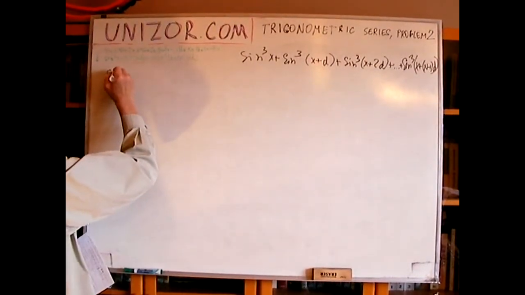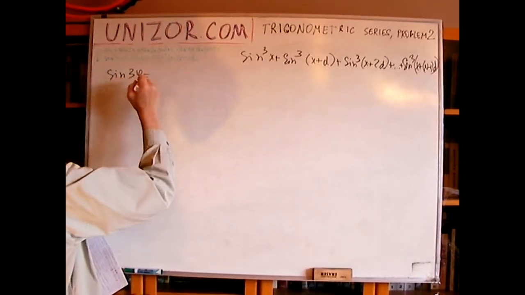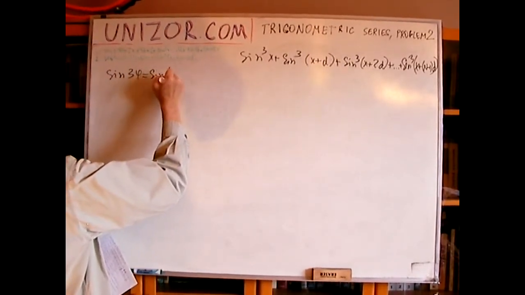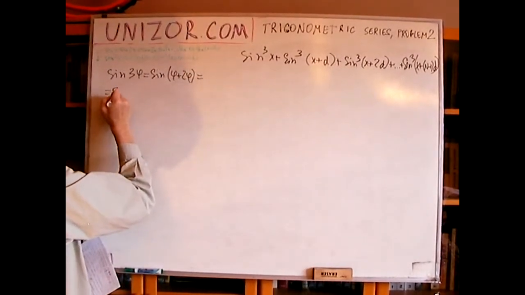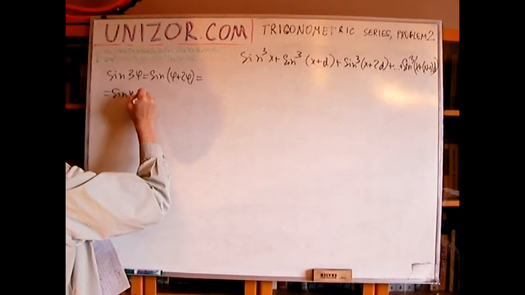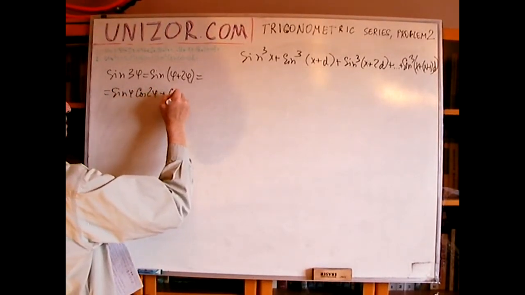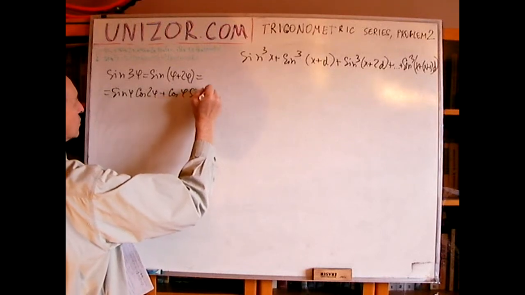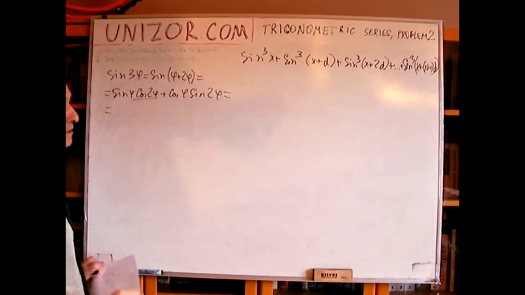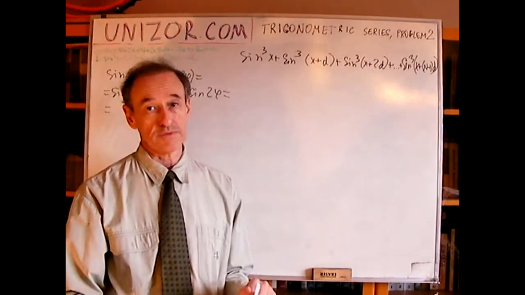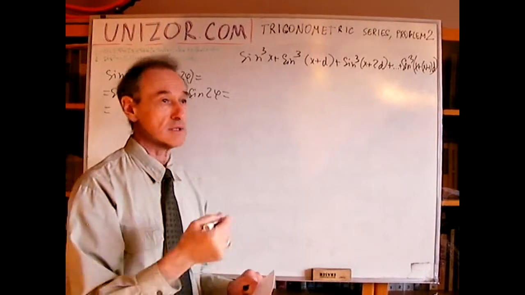So sine of 3 phi equals, well, that's obviously sine of phi plus 2 phi equals sine phi cosine 2 phi plus cosine phi sine 2 phi equals. Now cosine 2 phi, or cosine of phi plus phi, is cosine cosine minus sine sine.